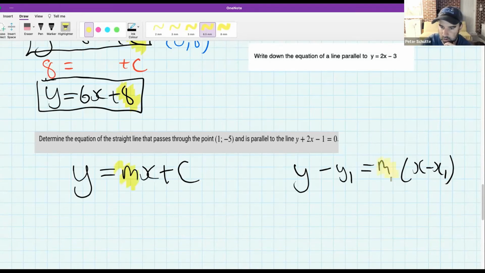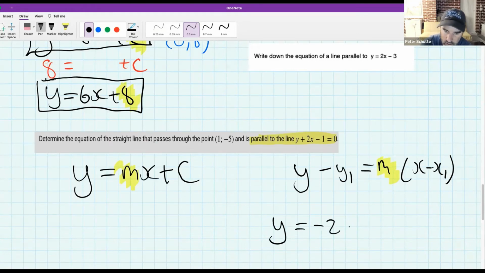And so the way I'm going to get it is this piece of information here. I'm going to say it is parallel to that line, but that line is not in standard form. And so I'm going to move things around to be like that.